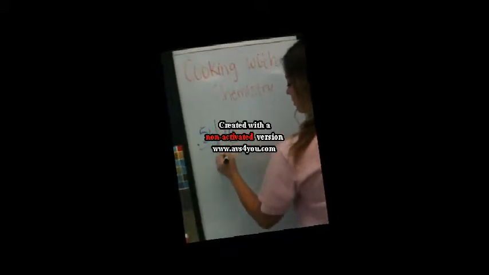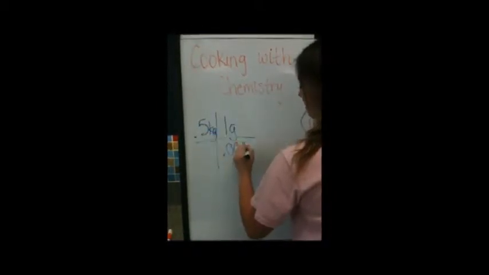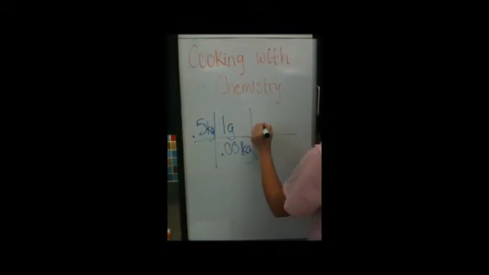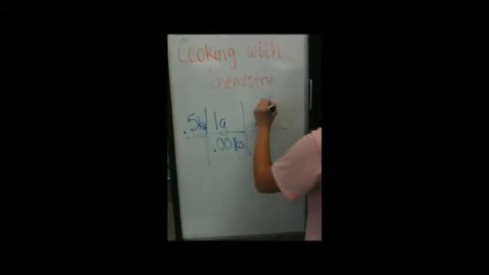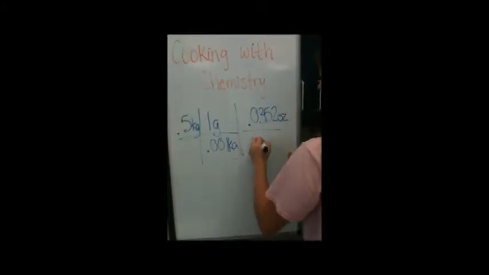0.001 kilograms, and in every gram there's also 0.0352 ounces in every 1 gram.